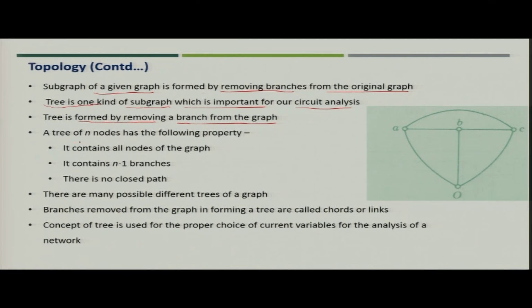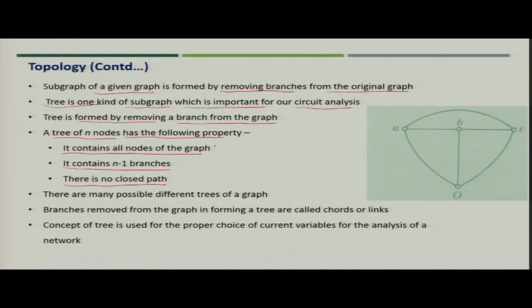So, a tree can also be considered as a subgraph, but it has some special properties. What are those properties? Suppose there are n nodes in a particular graph, and we are creating a tree containing all the n nodes, then it will have the following properties. It will contain all nodes of the graph, it will contain n minus 1 branches, and there will be no closed path.